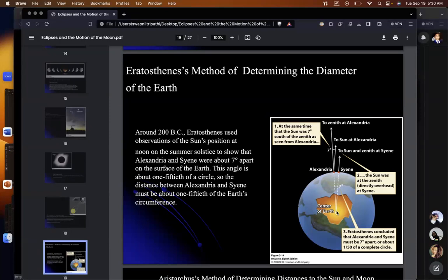So as you can see the geometry in the picture here, he obviously knew that the Earth is round, and from the geometry you can see that because of the curvature of the Earth, the vertical direction at Alexandria is pointing in a different direction.